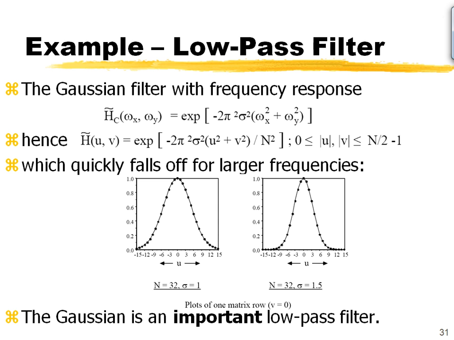So the larger my sigma, the narrower this gets. Remember, this is centered at 0, which is basically where my low frequencies are. So if this width gets narrower and narrower, then I'm eradicating more and more of the high frequencies, because they are getting closer and closer to 0. Okay. The lower the sigma, the more of the low frequencies that I keep.